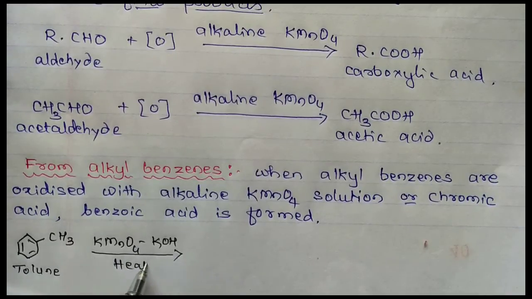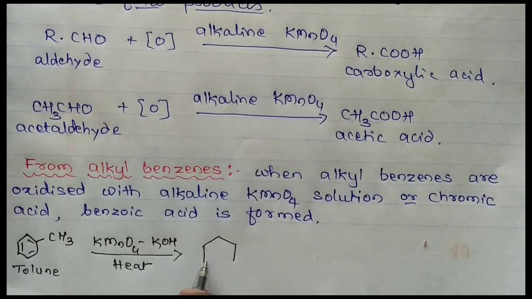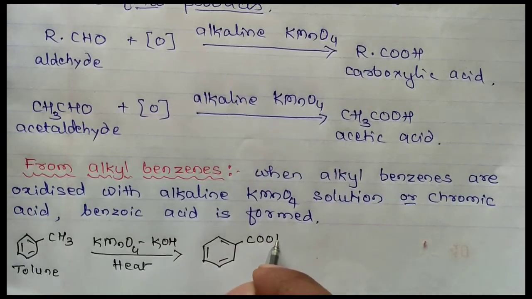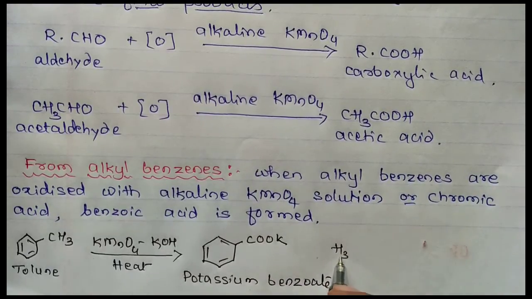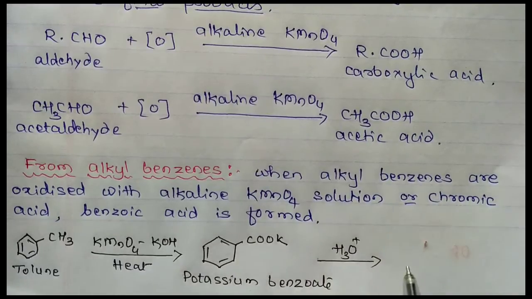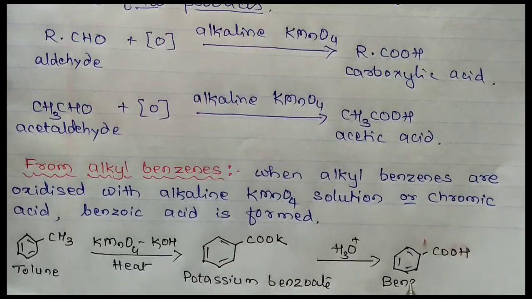Just heat it, and you are going to get potassium benzoate, the potassium salt of benzoic acid, COOK, potassium benzoate, which on acidification or acid hydrolysis gives benzoic acid, COOH, benzoic acid.